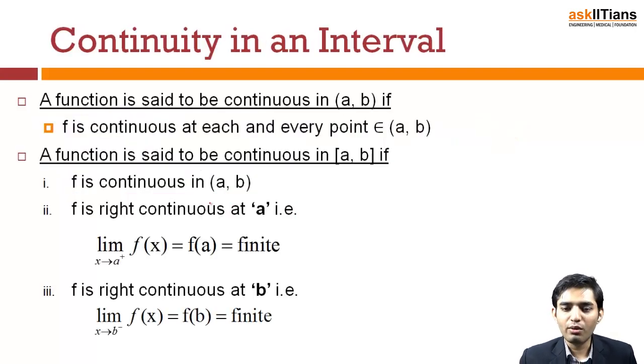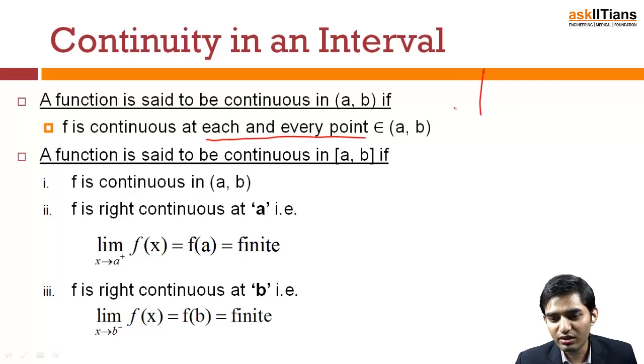Now let us talk about continuity in an interval, right? So till now we were talking about continuity at a point. I repeatedly said f(x) is continuous at x equal to a, right? But what if I want to check the continuity of a function over an interval a to b? So a function is continuous over an interval if it is continuous at each and every point in a to b, right? So suppose this is the graph of a function f(x).